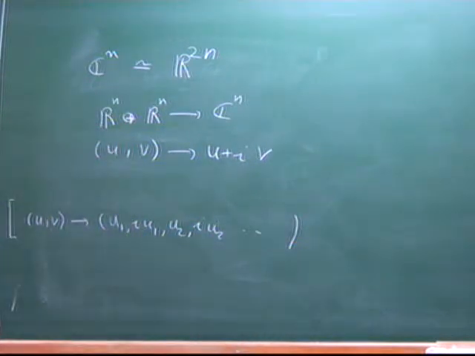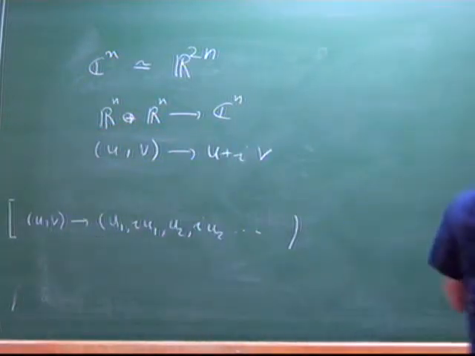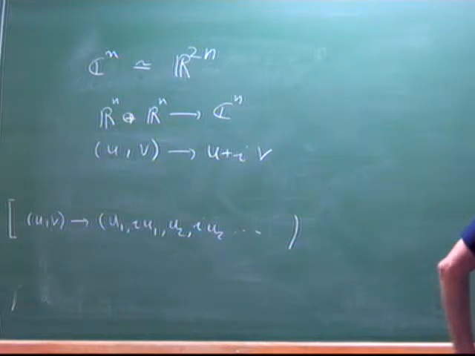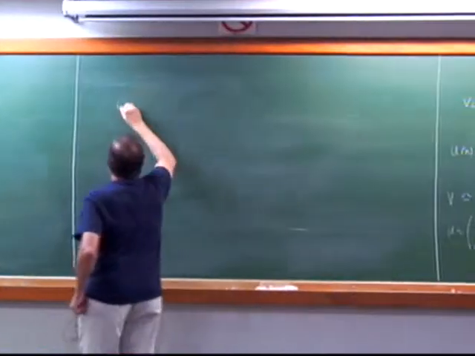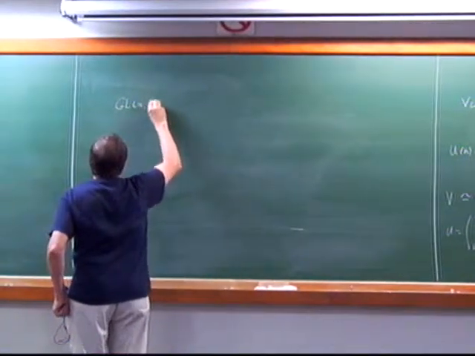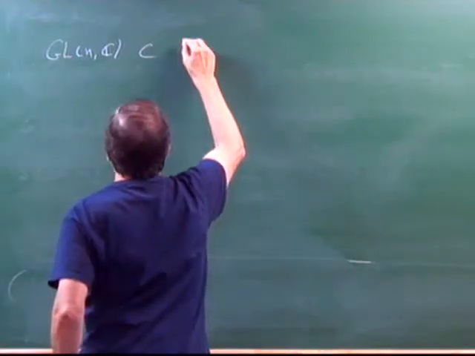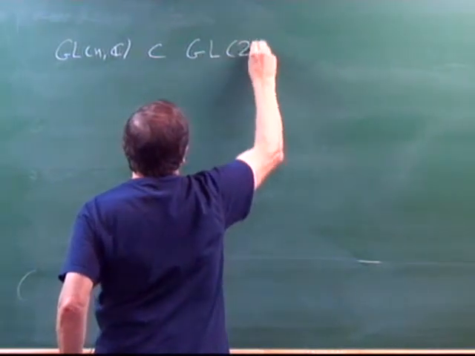That's another common convention one sometimes sees. I find this one more convenient for several purposes, certainly for our papers. What this induces, and that's important, is an embedding of GL(n,C), or its Lie algebra, into GL(2n,R).